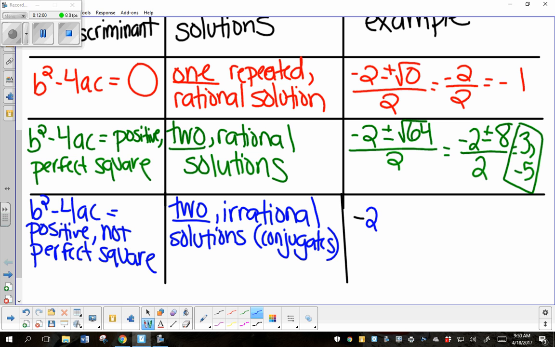You could have negative 2 plus or minus the square root of 11 over 2. If we have a non-perfect square and we can't break down that square root at all, like 11 just breaks into 11 and 1, those are your 2 solutions. You can just leave it like that. But you do want to make sure you can't simplify that square root.